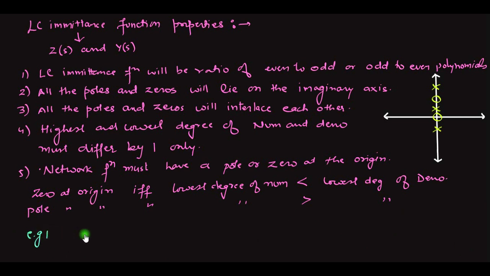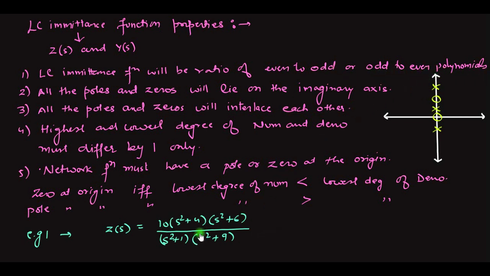In example number 1, we have this impedance function, and we are required to find out whether it is an LC immittance function or not. We will verify it by using these properties. Let us check the first property, which says the LC immittance function will be the ratio of even to odd polynomials or odd to even polynomials.